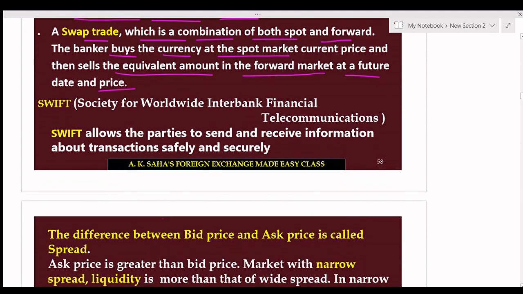SWIFT, Society for Worldwide Interbank Financial Telecommunication. SWIFT allows the parties to send and receive information about transactions safely and securely.